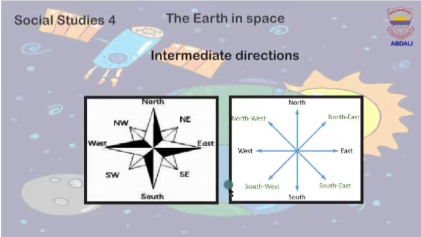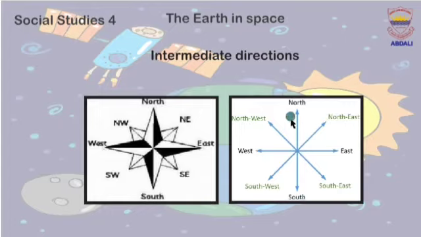These directions are northwest, that lies between west and north; northeast, that lies between east and north; southeast, that lies between east and south; and southwest, that lies between south and west. These are the four intermediate directions: northeast, northwest, southeast and southwest.